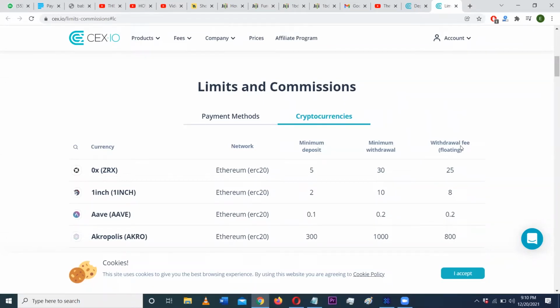So let's say the first currency here is OX, right? If you want to deposit OX, the minimum you can deposit is 5. The minimum you can withdraw is 30, and the withdrawal fee is 25. So every time you withdraw OX, 25 of it is taken out. But if you go on CoinMarketCap, I'm sure it's not a very expensive fee, because 25 is quite a lot.